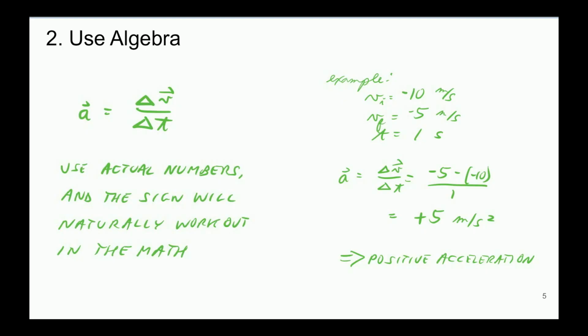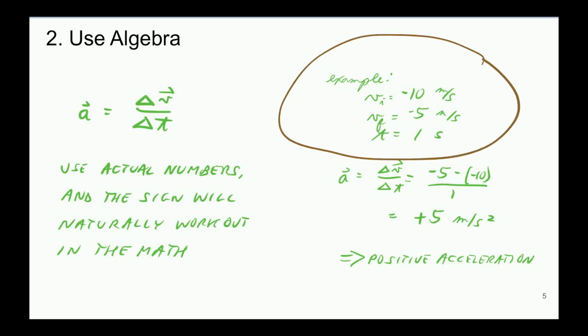Another way you could do it is use algebra. And this is really the essence of why the sign rules are what they are. It's not like somebody made it up. It just falls out of the algebra. Try different combinations of initial velocity and final velocity. Here I did an example where I chose, arbitrarily, an initial velocity that's negative and a final velocity that's negative.